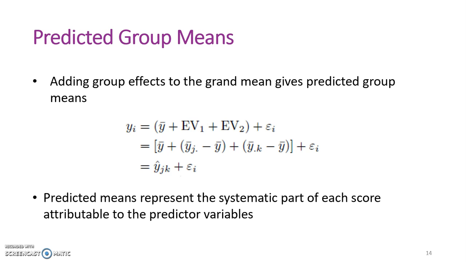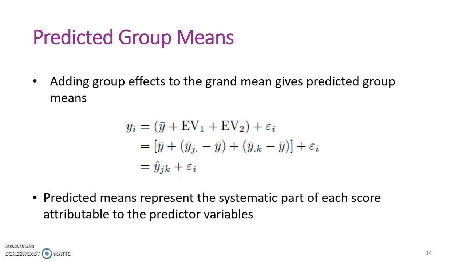So adding the group effects to the grand mean gives us the predicted group means. This is showing you how that decomposition works. Essentially, each score is equal to the grand mean plus some influence of predictor 1 plus some influence of predictor 2 plus some error.